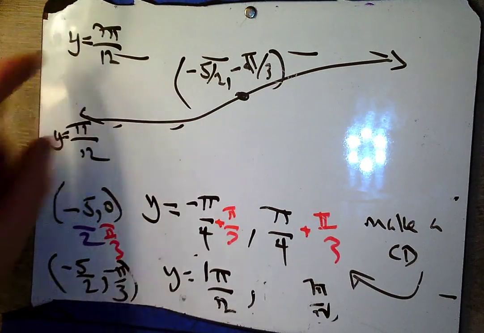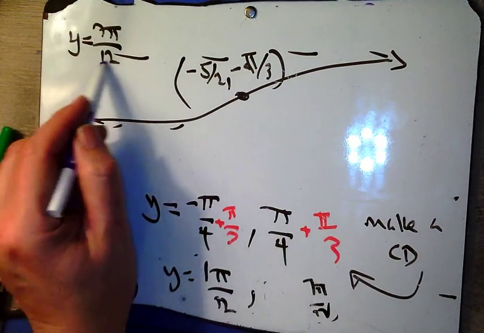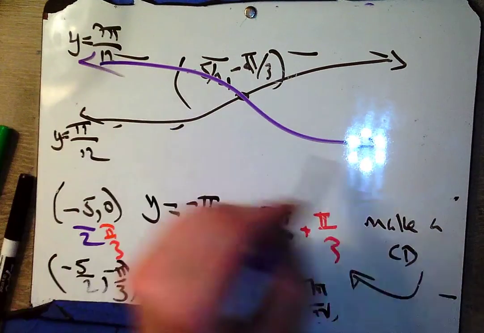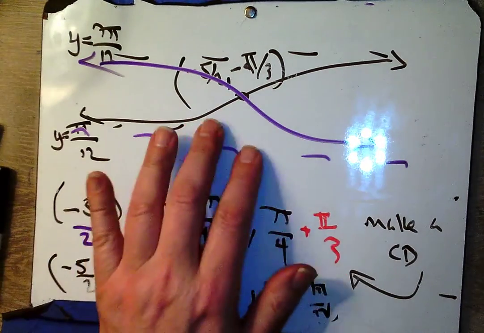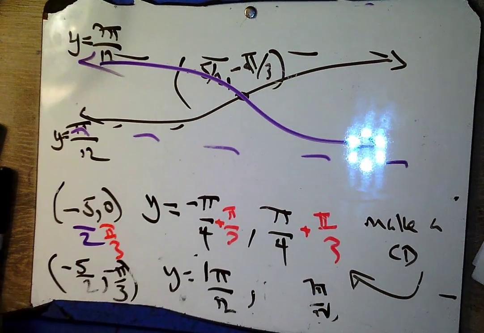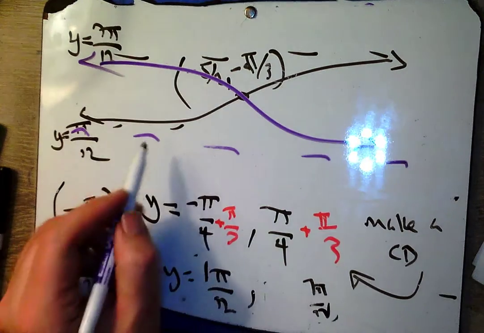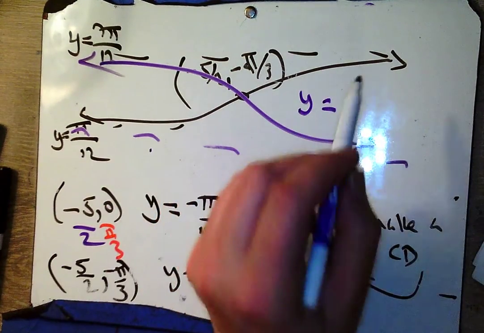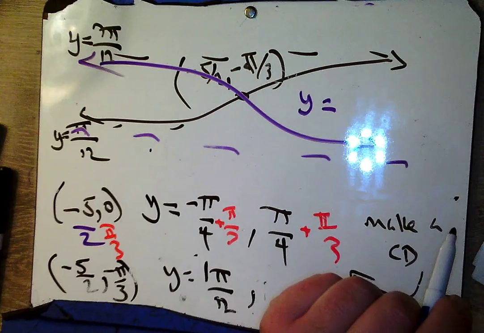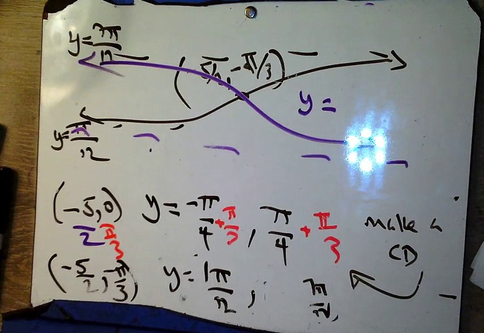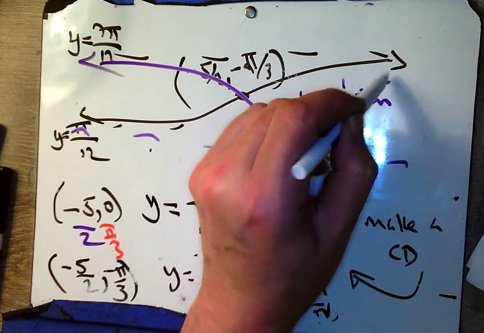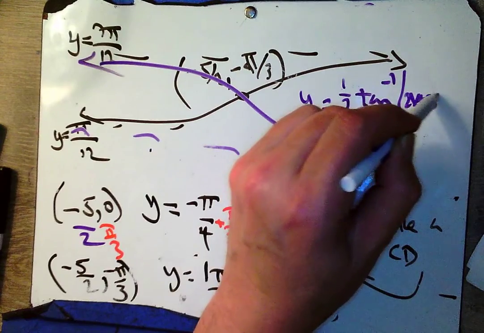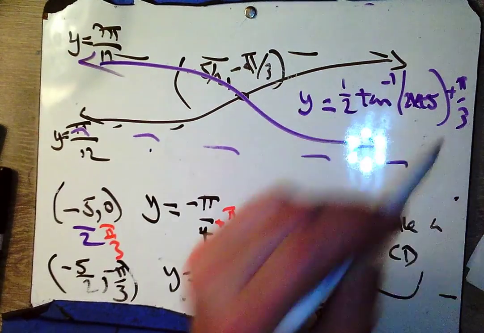Great. What would cause my graph to look like this? Everything's the same except the shape. What function is graphed in purple? Oh, this purple graph is y equals, that's the one we did, 1/2 tangent inverse of 2x plus 5, plus pi over 3.